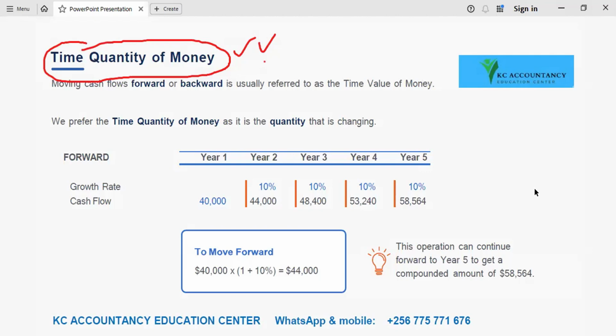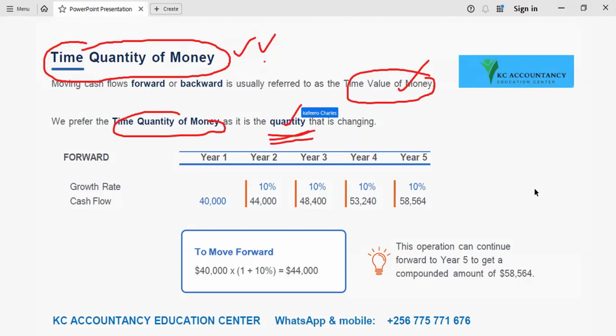Here we prefer to use time quantity of money because it is really the quantity of money that is changing over time.